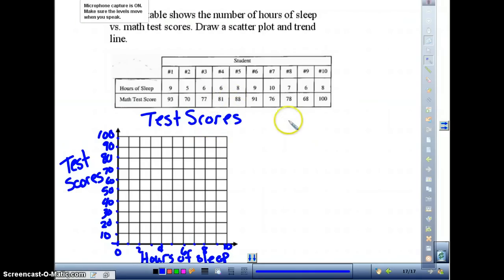All right, start graphing the data. You graph the data and I'll graph the data. Then we'll see what kind of scatter plot we get. So go ahead and pause the video. I'm going to do that myself. Let's graph the data.